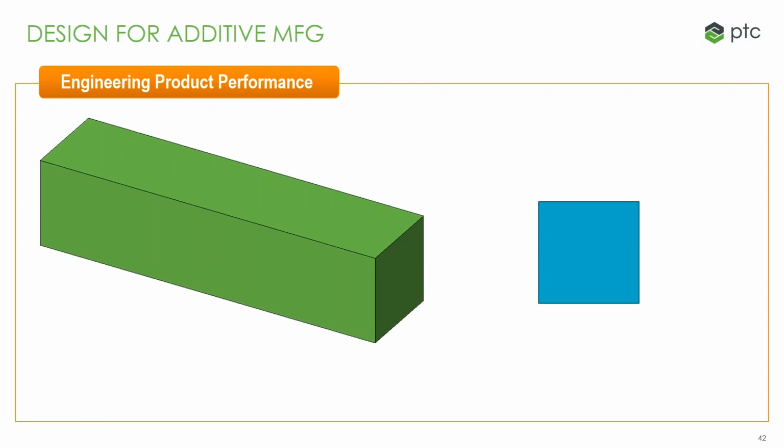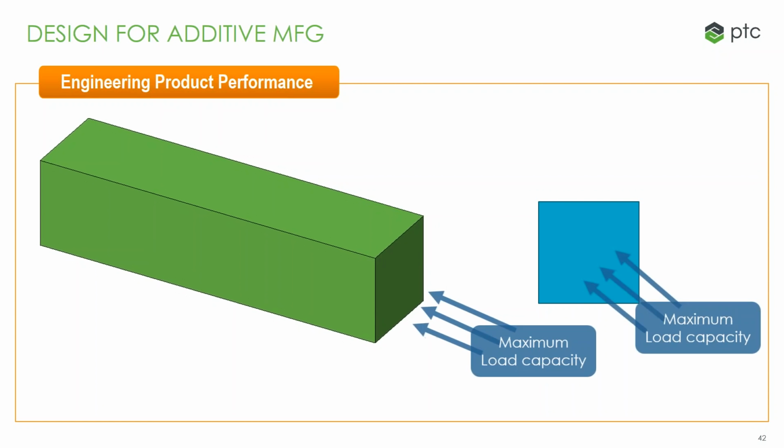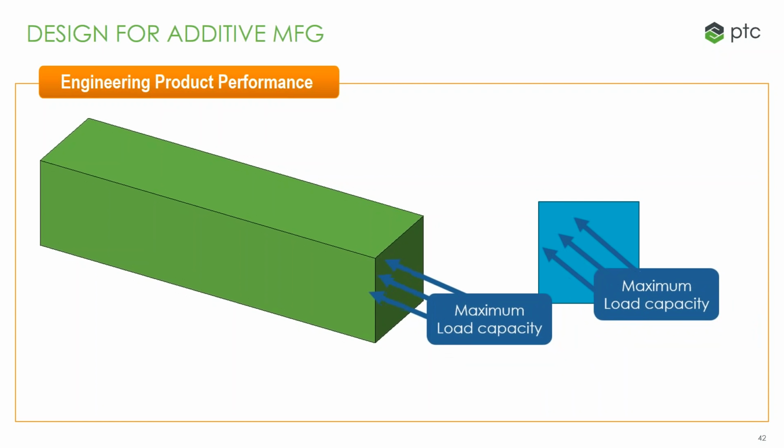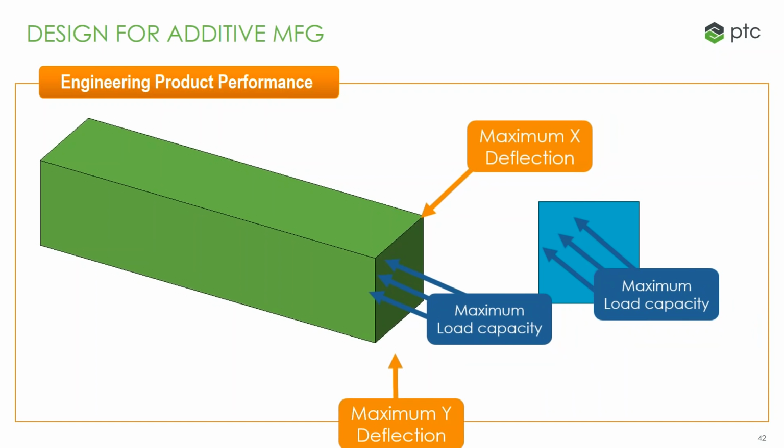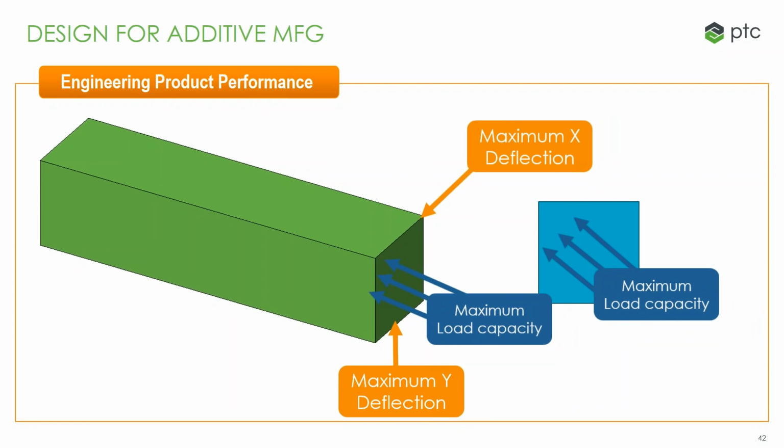Let's say I have a design challenge, and let's say my challenge is to build a new beam. And this beam has certain requirements. It needs to withstand a certain load, and that load is going to be applied at a particular angle. The result of that load is that I want a certain deflection in the X direction. I maybe want a different deflection in the Y direction.